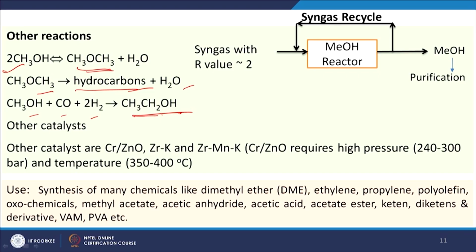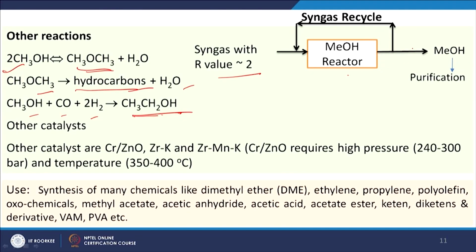These are the other reactions which can take place. So, we can get syngas with R value around 2, then in the methanol reactors we can get unconverted syngas recycling and then methanol purification.